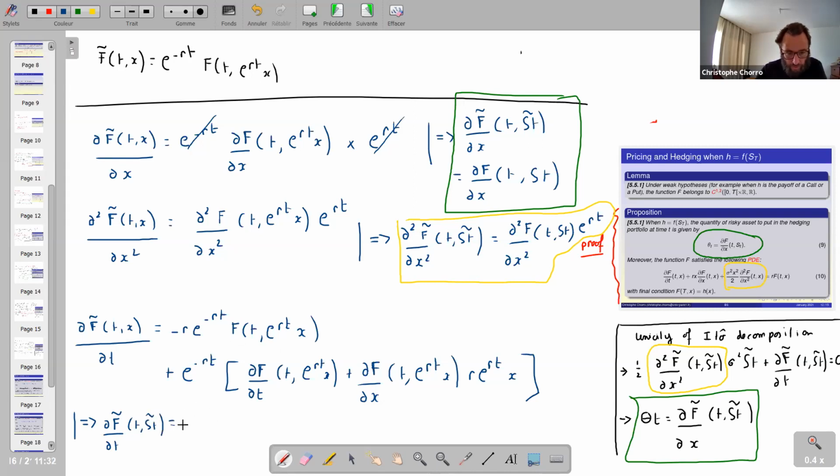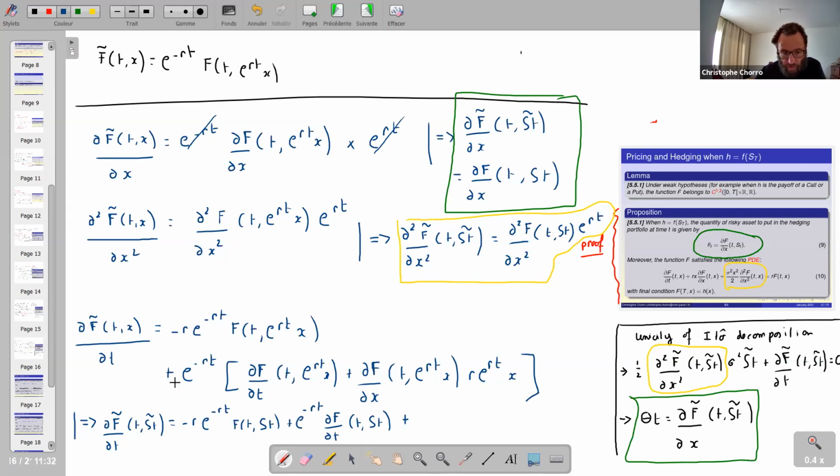It is equal to this term here, that is minus r exponential minus rt f of t, S_t, because exponential rt multiplied by S_t tilde is equal to S_t, plus this term here, that is exponential minus rt df over dt of t, S_t, and plus what?